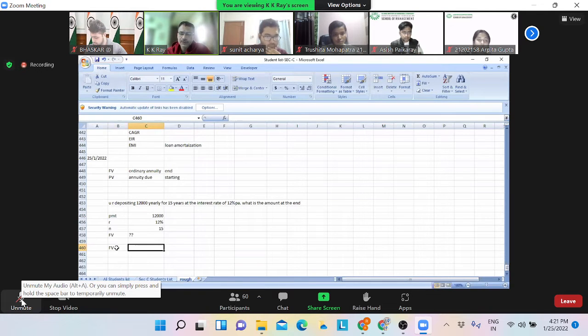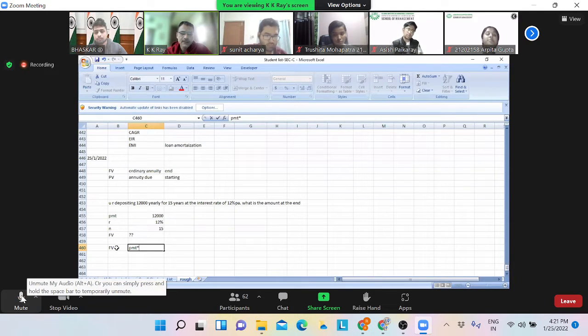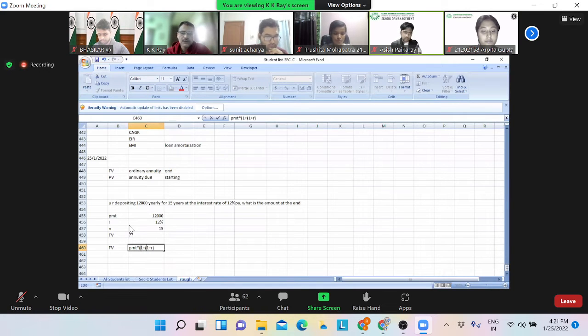So here the future value is PMT multiplied by ((1 plus R) to the power n minus 1) divided by R. Sorry, 1 plus R to the power n, minus 1, divided by R. Okay.